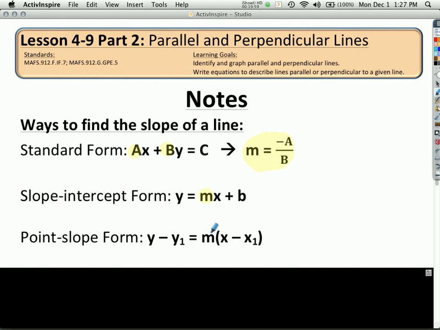It is right there. So, two of these forms, the slope is right there for you. One of the forms, the slope is kind of there for you, but you have to do a quick little calculation, a tiny bit of work. Any questions about that? Because we're going to be using all of this today.